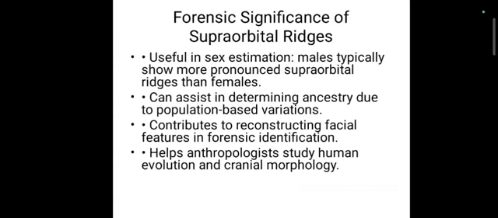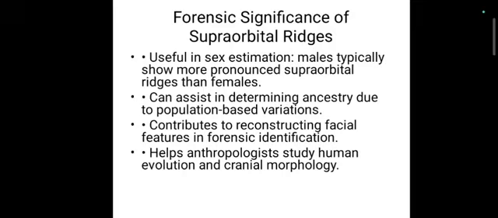At last, we can see the forensic significance of supraorbital ridges. It is useful in sex estimation, as I told you before: males typically show more pronounced supraorbital ridges than females.